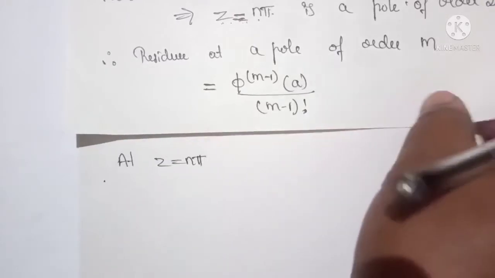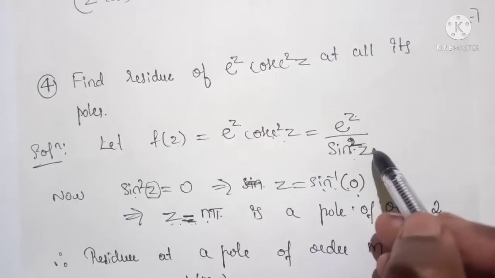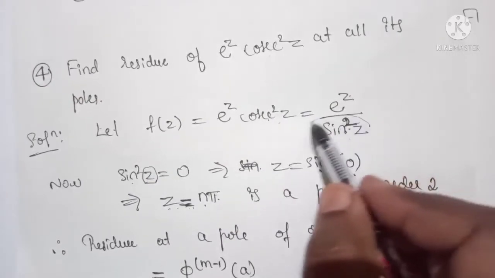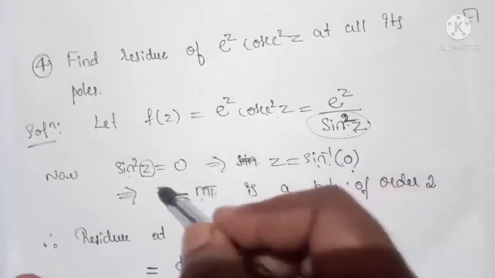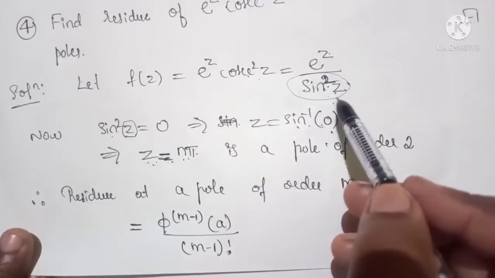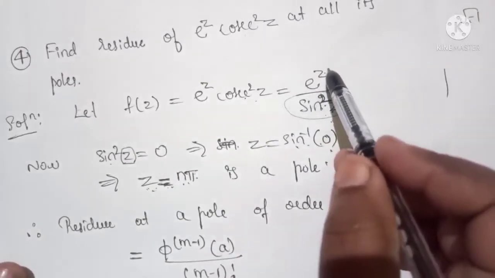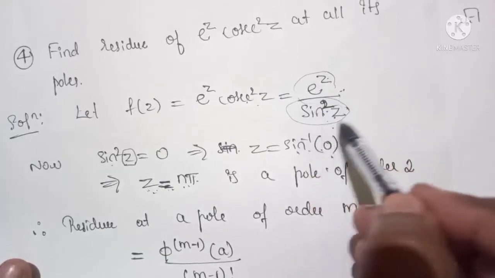Now we have to choose phi of z. For the given function, this function is analytic at sin z, that is at z equals n pi for this sin z. Therefore we treat this e raised to z as phi of z, except this denominator.